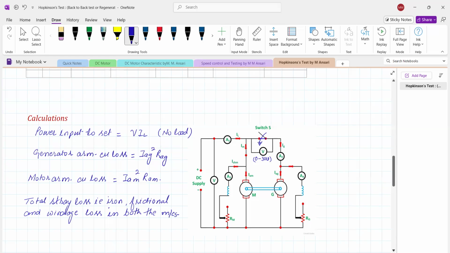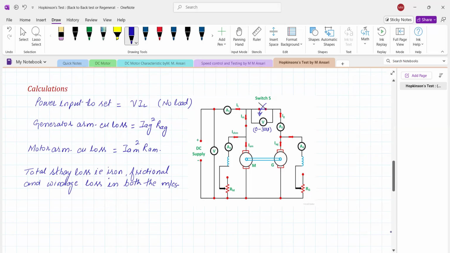Therefore, total stray loss is equal to power input at no load minus armature Cu loss in both the machines.